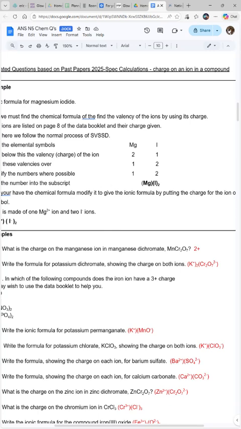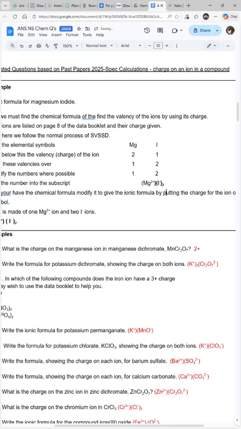The reason I'm doing that is that magnesium will have a 2+ charge on its ion, so it'll be a magnesium 2+ ion, and we put that into the brackets here. And iodine is a 1 negative ion, so we put the charge on the ion into the brackets there.